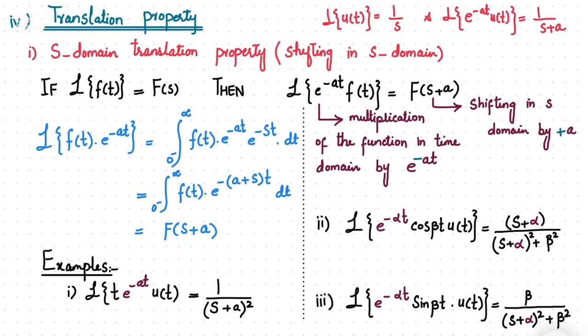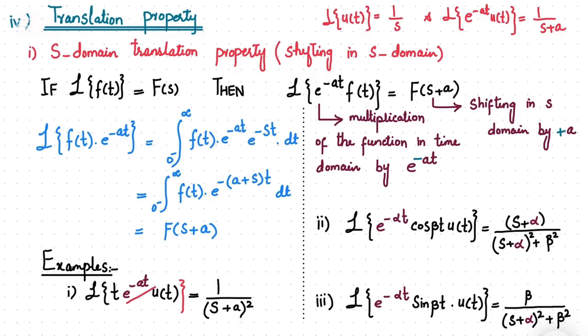So here we have a few examples related to the time domain shifting property. This is the Laplace transform of t into e raised to power minus at into u of t. We already calculated the Laplace transform of t into u of t, which was what? 1 over s square.